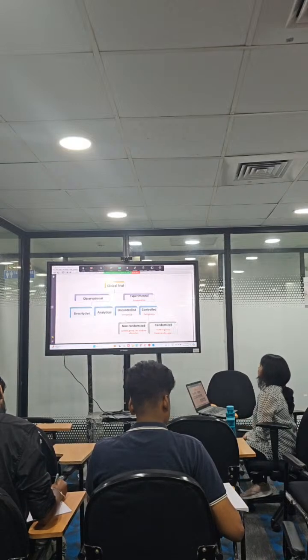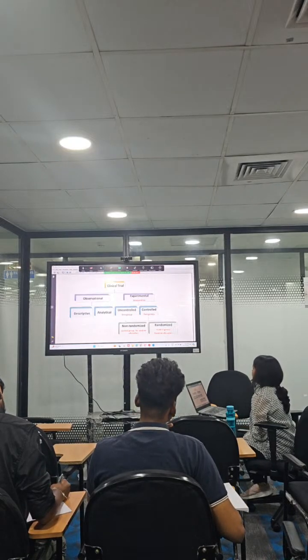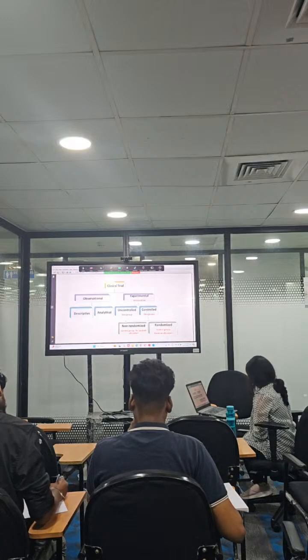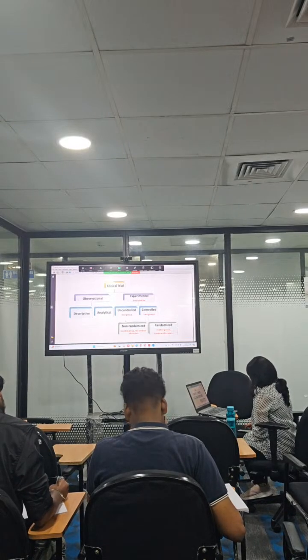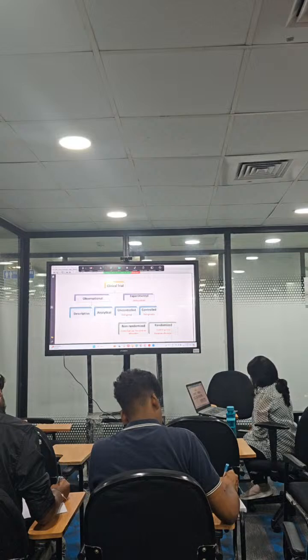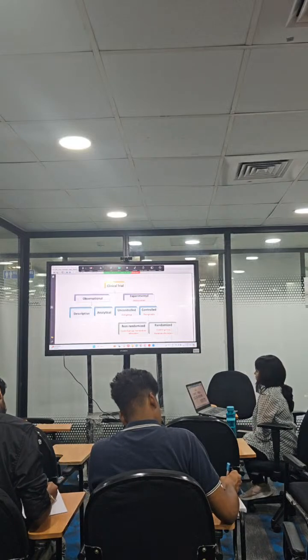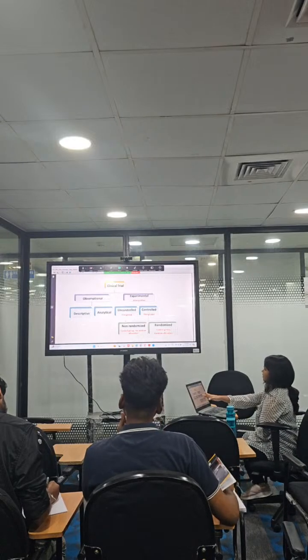Researchers intervene with the treatment in experimental studies, interventional studies. Okay, done with observational and experimental.